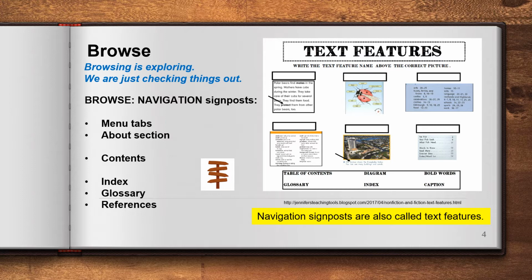You might have a little browse through the index, have a look at the glossary. You're still deciding whether you want to keep reading this in detail. You're browsing, you're just exploring. And I should make a note that some people call the navigation signposts text features. That's another way that they're named.